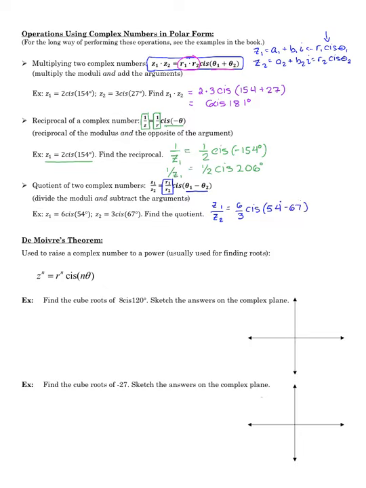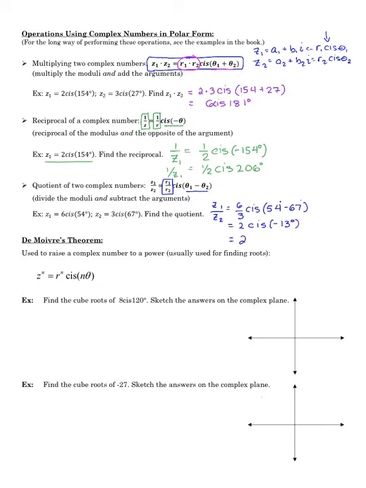Again, notice I'm going to get a negative number that I will have to convert if they want a positive. So this is going to be 2 cis negative 13 degrees.